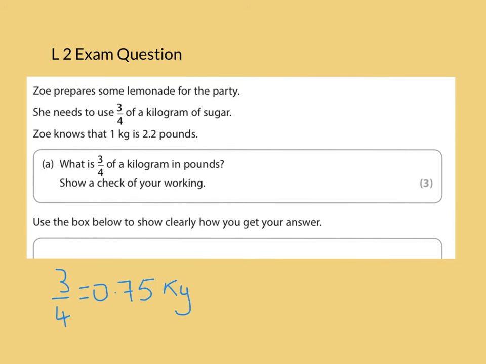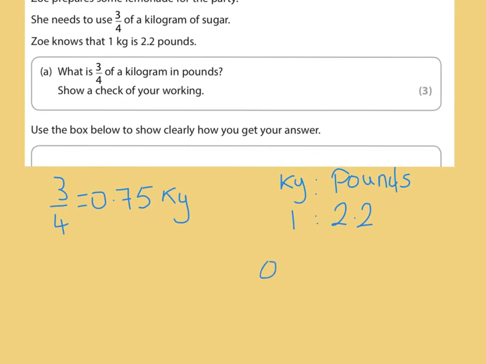From there, I can say, well, I know that 1 kilogram is 2.2 pounds, and I'll use my ratio over here, kilograms and pounds. I know that 1 kilo is 2.2 pounds. I don't need 1 kilo, I need 0.75 kilos. To get from 1 to 0.75, I need to multiply by 0.75. So I need to do the same thing to 2.2.